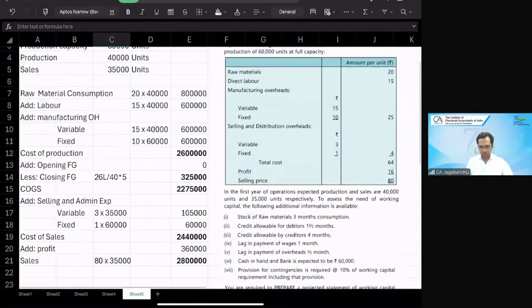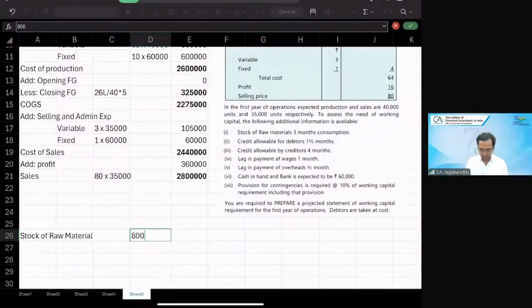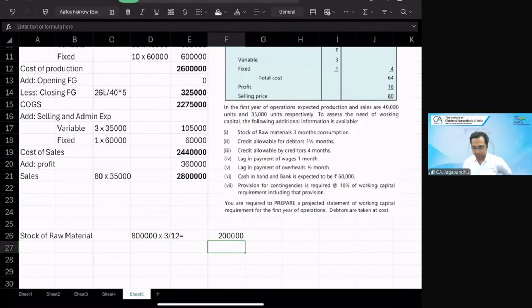We got the raw material consumption to be 8 lakh, so that's 8 lakh multiplied by 3 by 12, since stock of raw material is 3 months' consumption. The answer is 2 lakh. Then there's no WIP in the question, right?